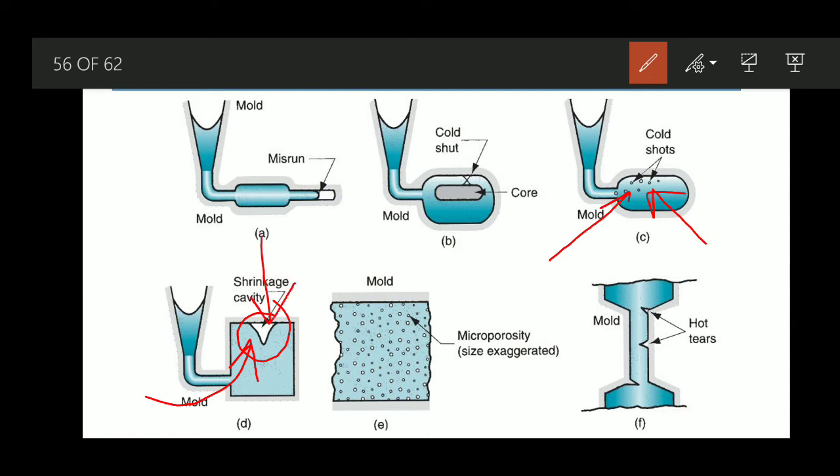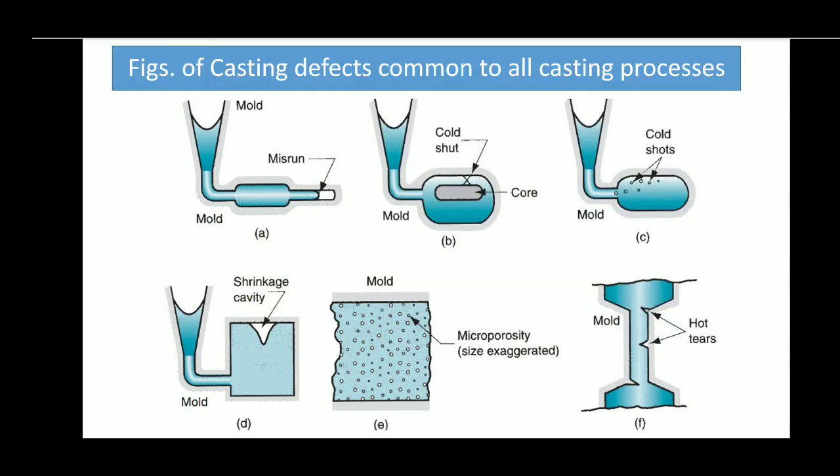So it is a shrinkage problem. Okay, and how can we avoid that? By using a proper riser. Riser design should be very proper so that it can accommodate for proper shrinkage. During the solidification shrinkage, the riser should be able to give the required amount of molten metal so that this problem doesn't arise.